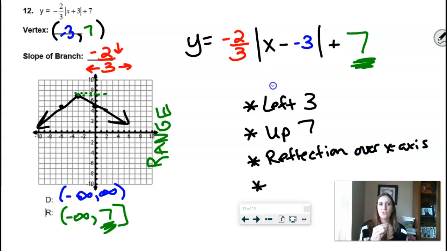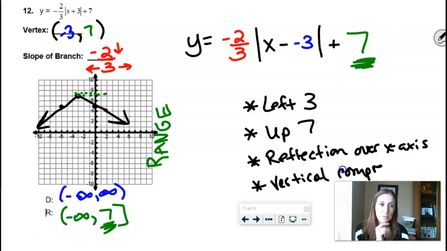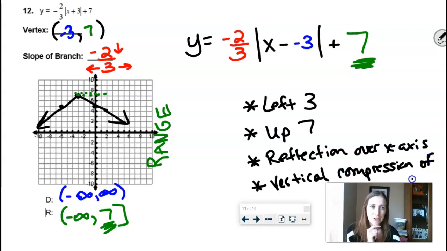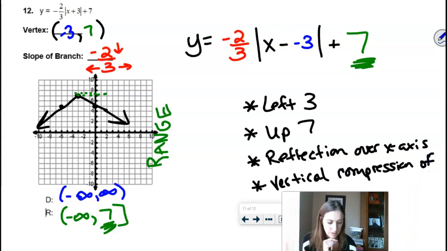And then the fact that it's a 2/3 instead of just a 1 in front, that's a vertical compression of 2/3. If you said stretch, it's fine, but I would like you to say the number 2/3 with it. So a vertical compression of 2/3.